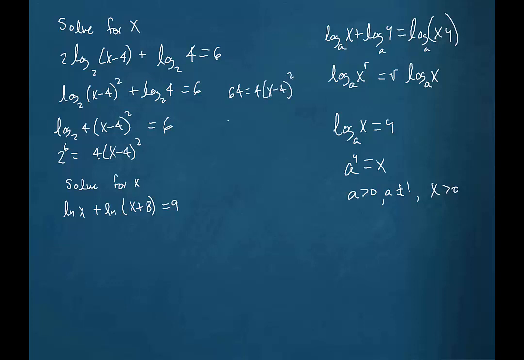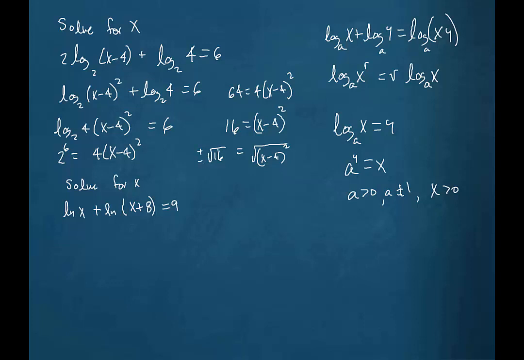We could divide both sides by 4, and we'll wind up with 16 is equal to (x minus 4) squared. We can square root both sides. Square root of 16 is the square root of (x minus 4) squared.